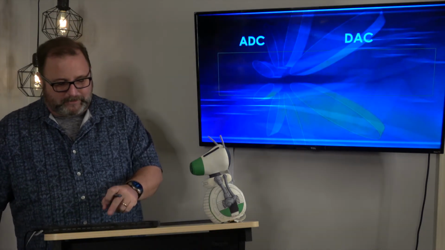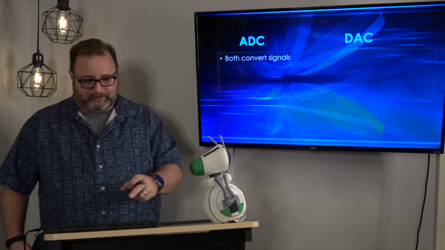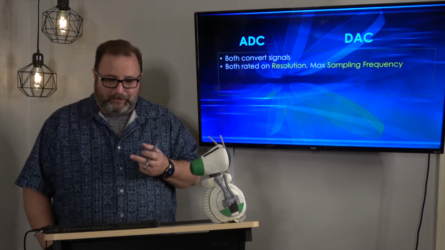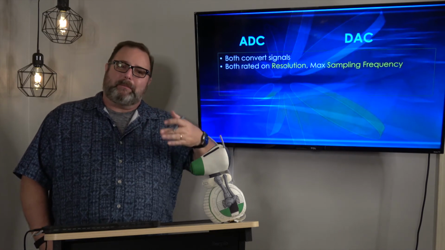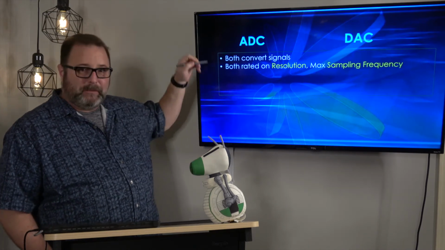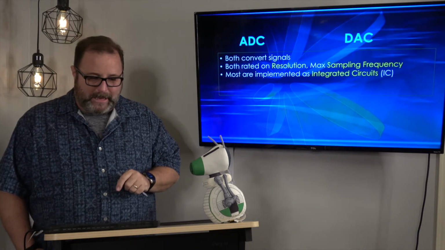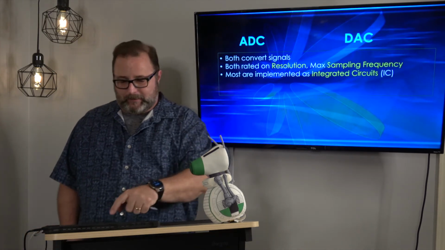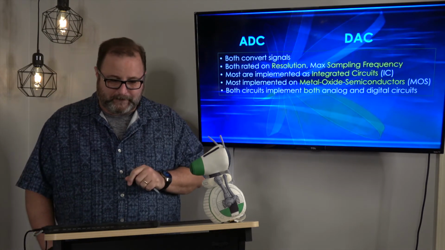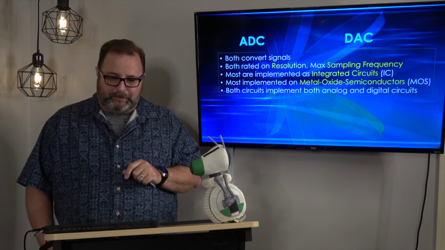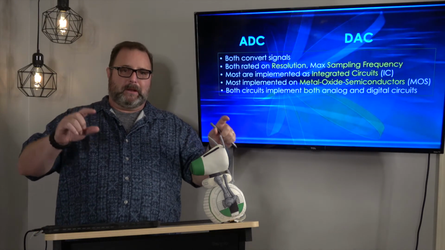Now let's look at some of the differences between them, okay? They both convert signals. They both are rated on resolution, which is kind of their max sampling frequency. How many times they read that analog wave to go back and forth. And most are implemented as ICs like we talked about. And they're on MOS chips. And they're both implemented with both analog and digital circuits.